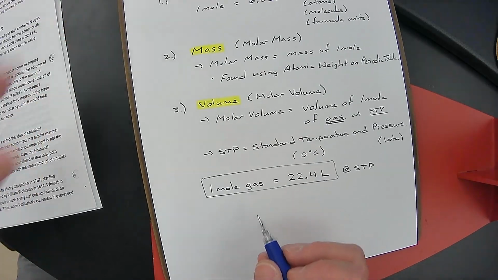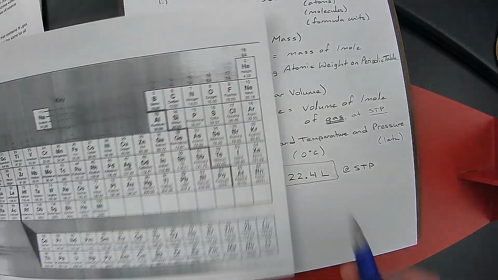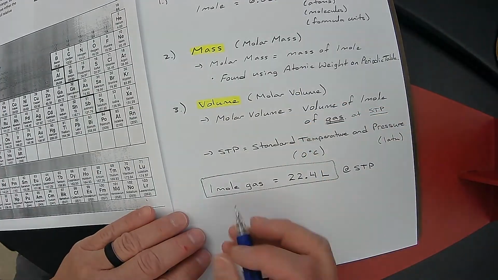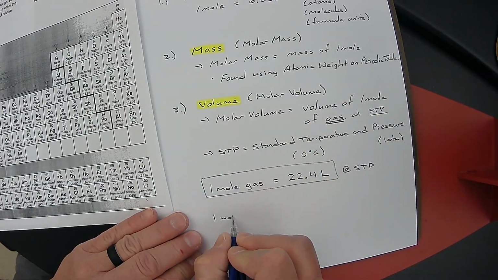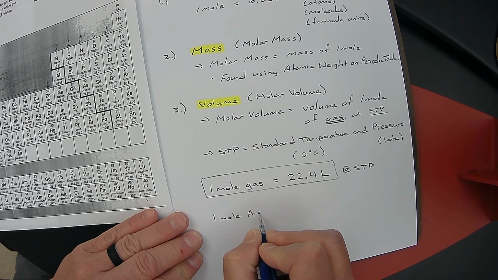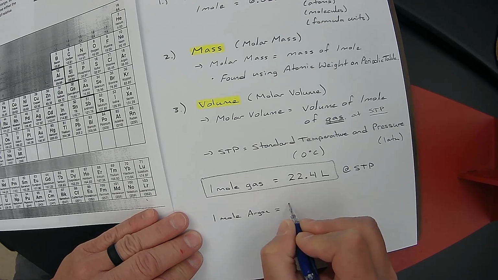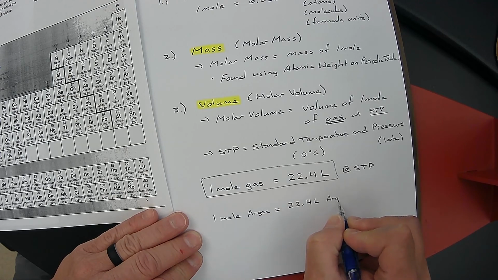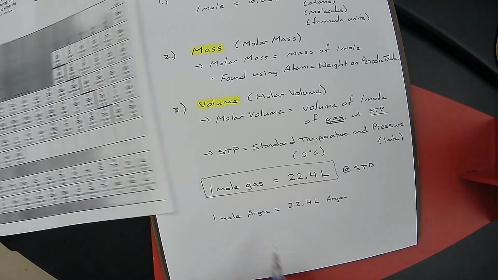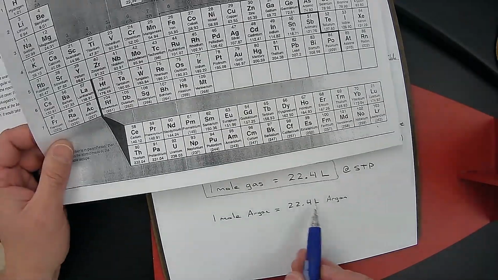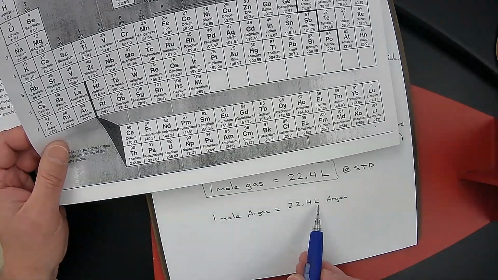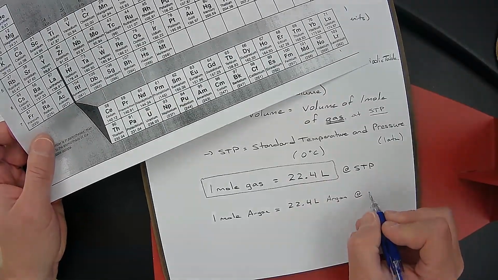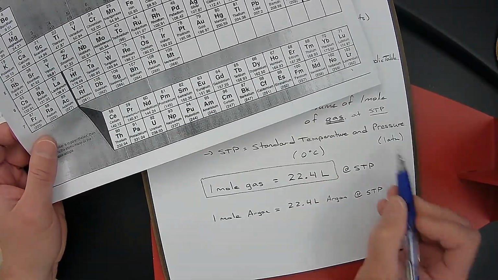So for instance, if we found a gas such as argon, argon is a gas, we could write down 1 mole of argon is equal to 22.4 liters of argon. I don't have to look it up. I know that it is 22.4 liters as long as our temperature is 0 degrees Celsius and our pressure is 1 atmosphere.